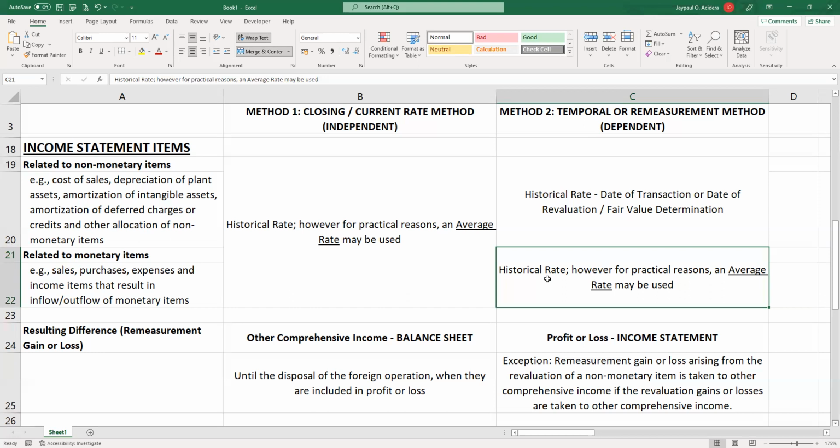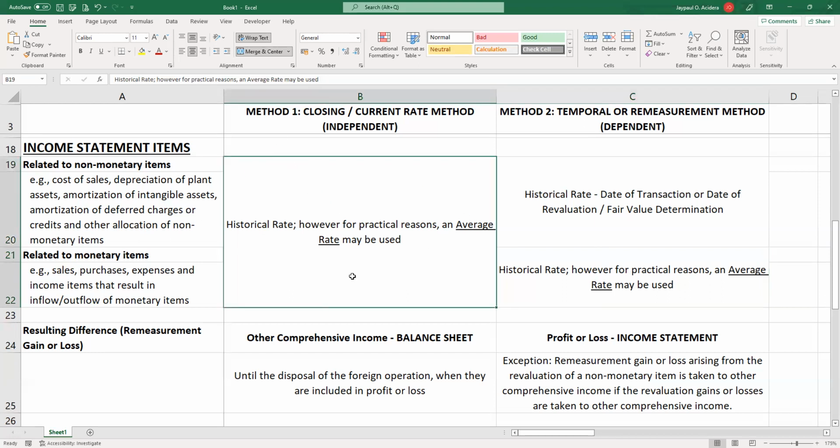So it is impractical to translate them using the historical rate on the daily basis. That's why for problem-solving purposes and for practical reasons, we can use the average rate for monetary items. Okay? So yan, current rate, historical rate, and average rate. Pero kung method 1 yan, lahat yan, whether related to monetary items or non-monetary items, we're going to use the average rate. Okay?